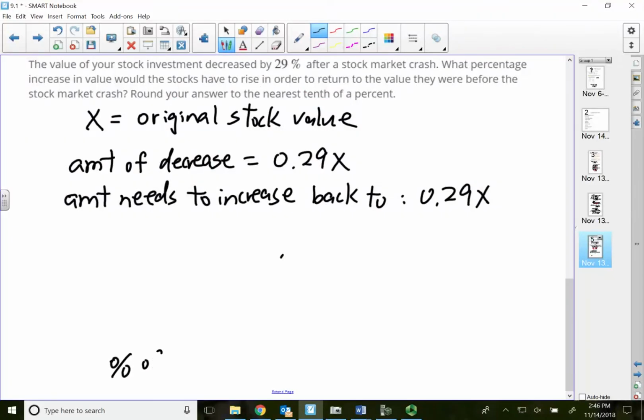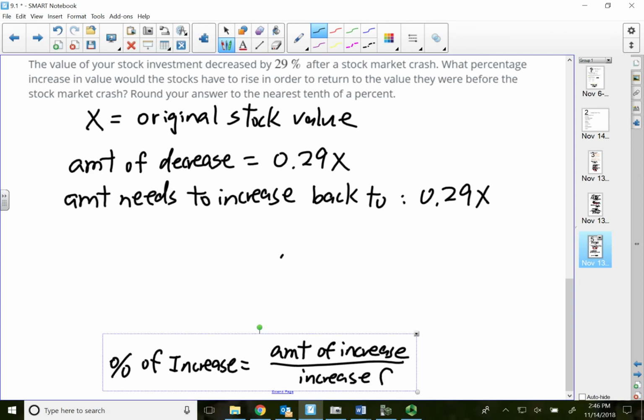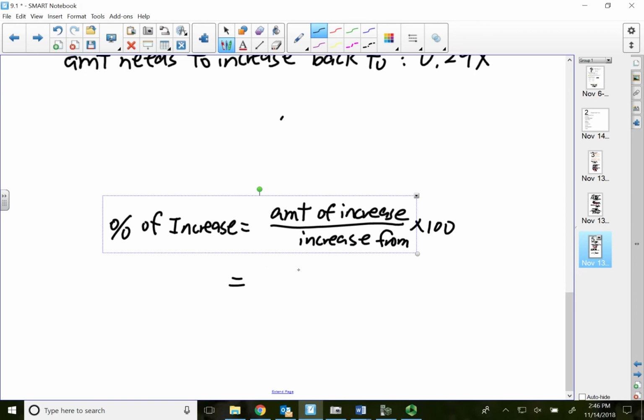Percent of increase is equal to amount of increase divided by where you increase from, then times 100. So I need to increase what I just lost, which is 0.29x, and that goes on top. But what am I increasing from?